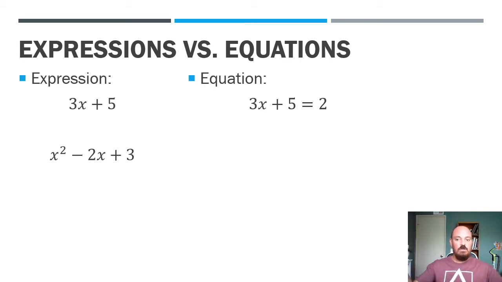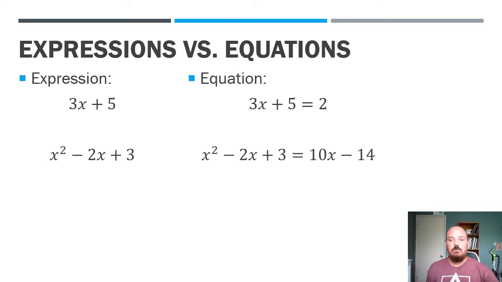So even though it's a little bit longer, it's still not an equation, it's an expression. So an equation could be x squared minus 2x plus 3 equals anything else. For this one, I just made something up. I said 10x minus 14. So that's the difference. An expression is just numbers and variables combined. An equation has to have an equal sign.